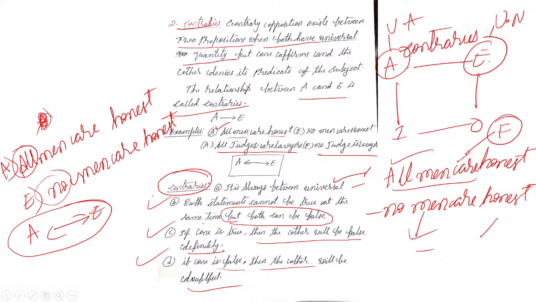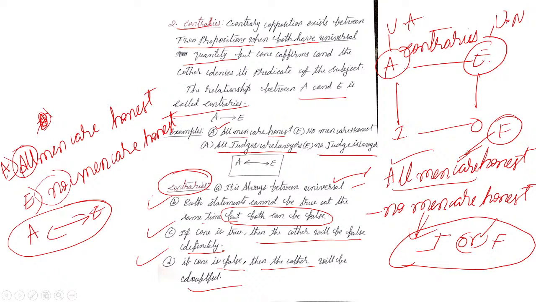If all men are honest is false, then no men are honest is either true or false. We cannot say definitely.